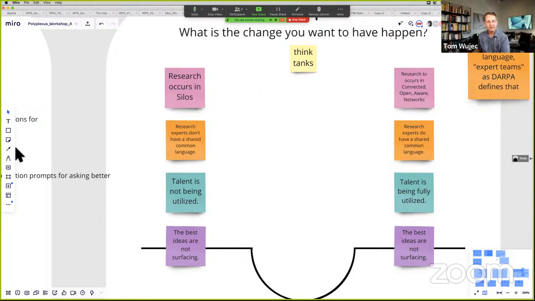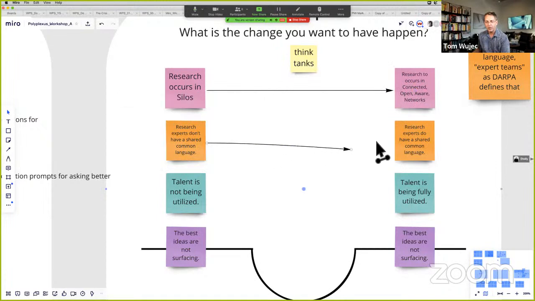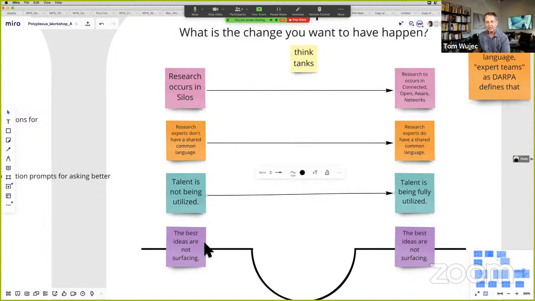So this desired state. I'm going to click on this little connection here. So here's the desired state from one to another. And again, when we draw this simple visual model, what are these? These are swim lanes, but they're also our nodes.